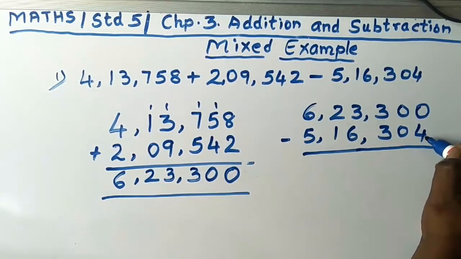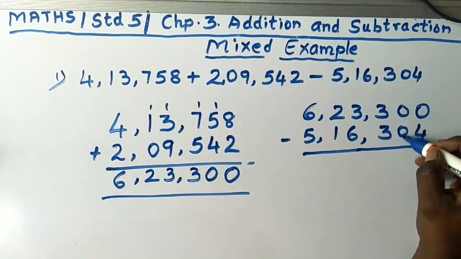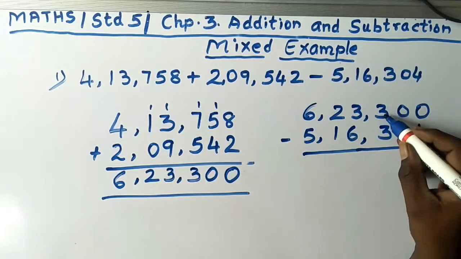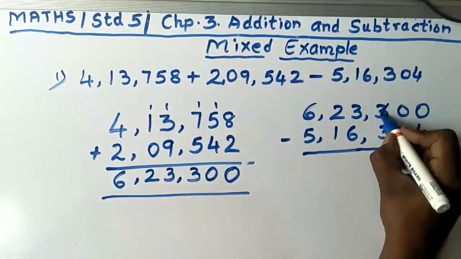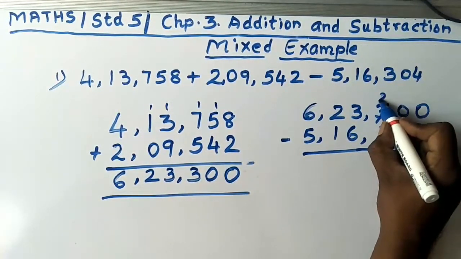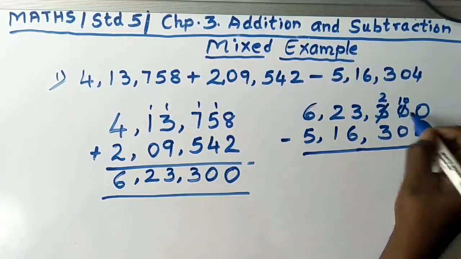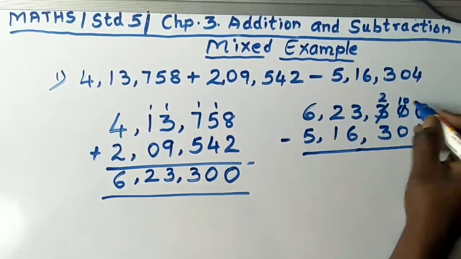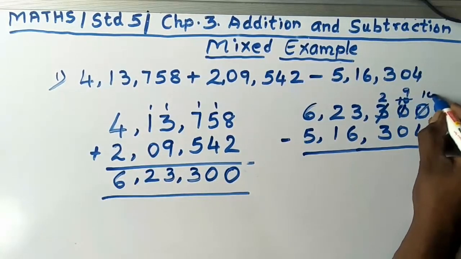0 will not go in 4, so you have to borrow from the next digit, but already 0 is there. You have to borrow from further on. I'll borrow 1, so it becomes 2, and this becomes 10. Now 1 I borrow from here and this becomes 9 and this will become 10.